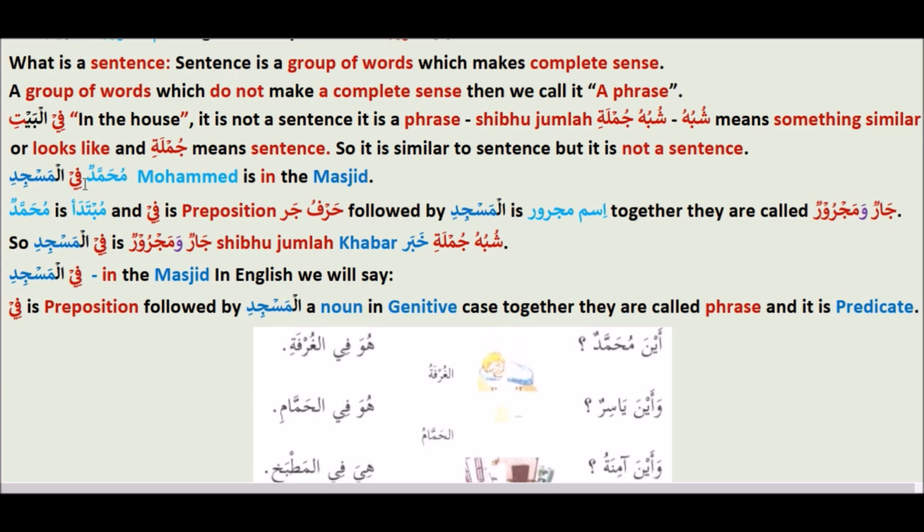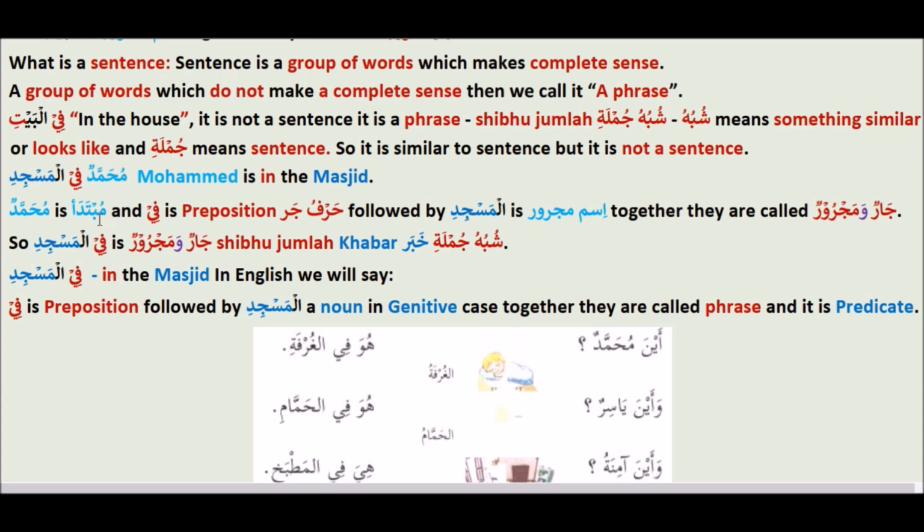Muhammadun fil masjid. Muhammad is in the masjid. Muhammadun is mubtada. Fi is harfu jar and it is followed by al-masjidi, ism majroor. And together we call it jarun wa majrurun. So fil masjidi is jarun wa majrurun shibhu jumla khabar.